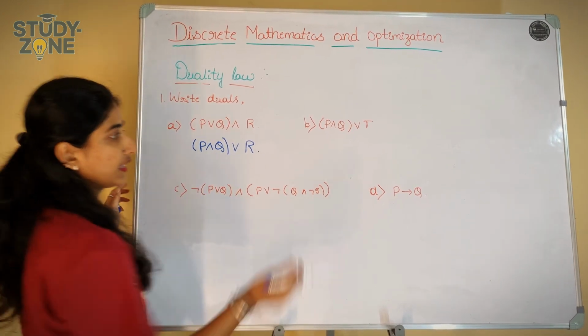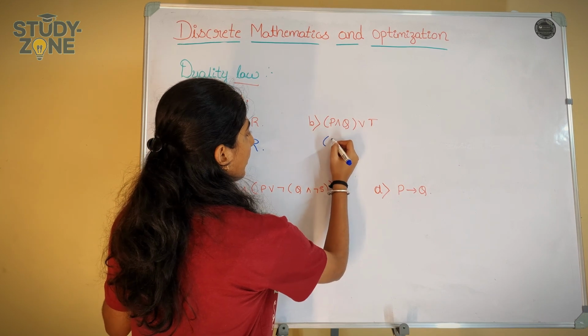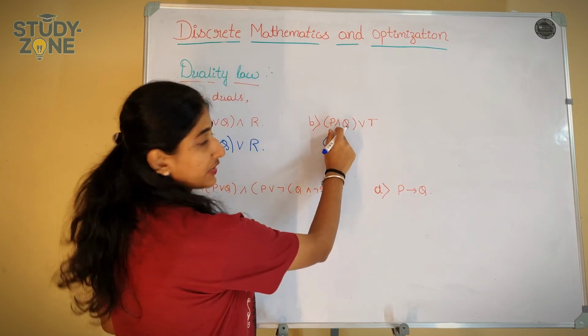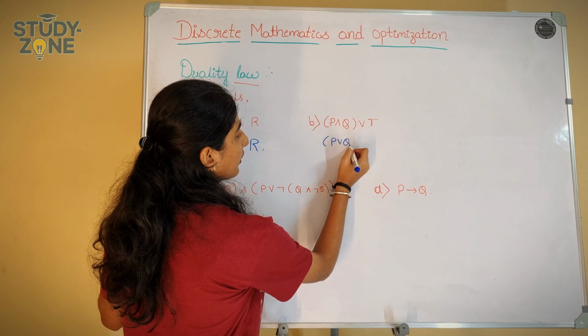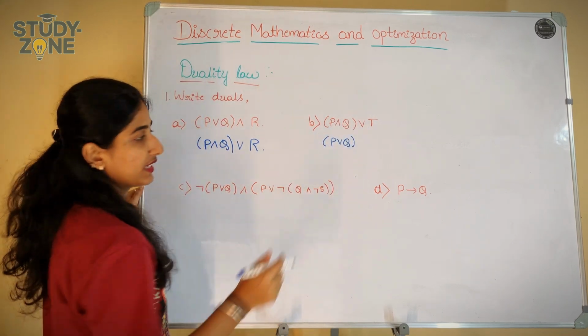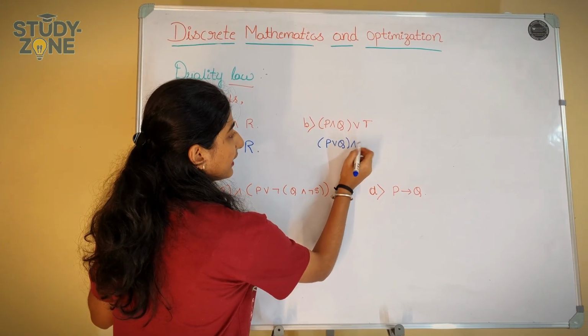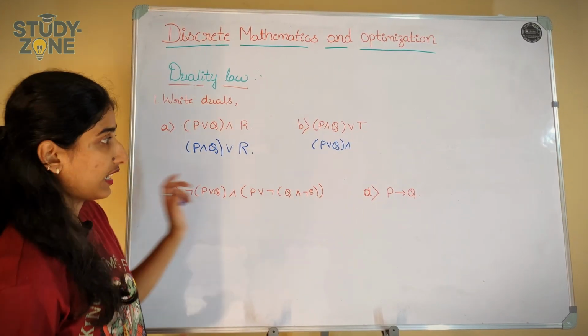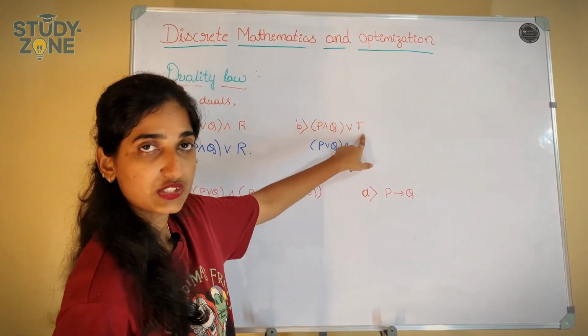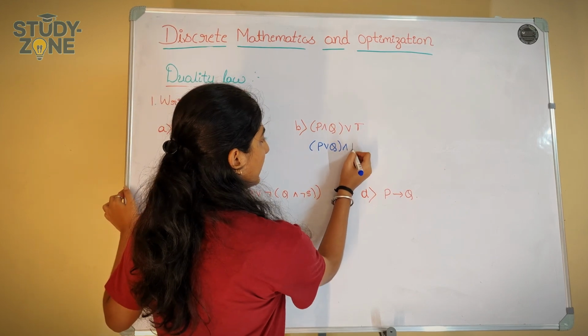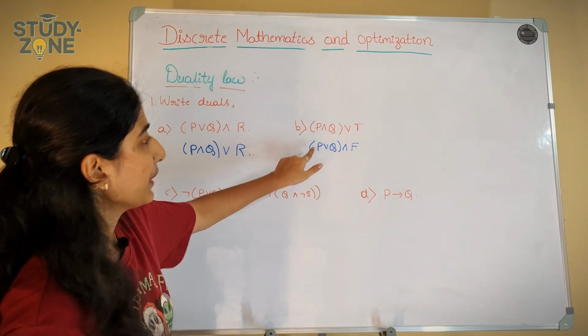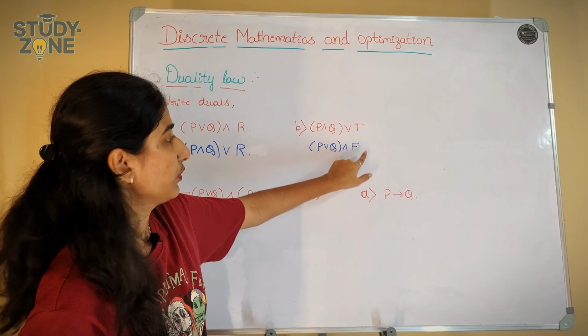Simple. And then here also, look here, P and is replaced with or, Q or is replaced with and, then look here we can't write it as true because we have to replace it with false, correct? So be careful. So that is P or Q and false.